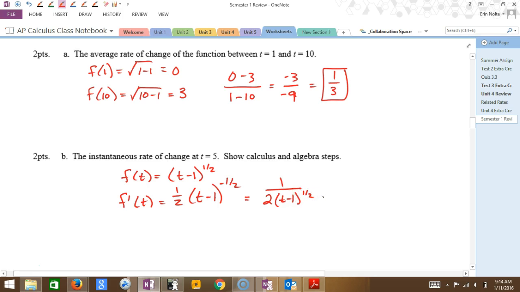Okay, so there's your instantaneous rate of change at any point. So what do I do with the 5 now? Plug it in. Good. So I can say the first derivative at 5 is 1 over 2 times (5 minus 1) to the 1/2. So 5 minus 1 is 4, the square root of 4 is 2, and 2 times 2 is 4.